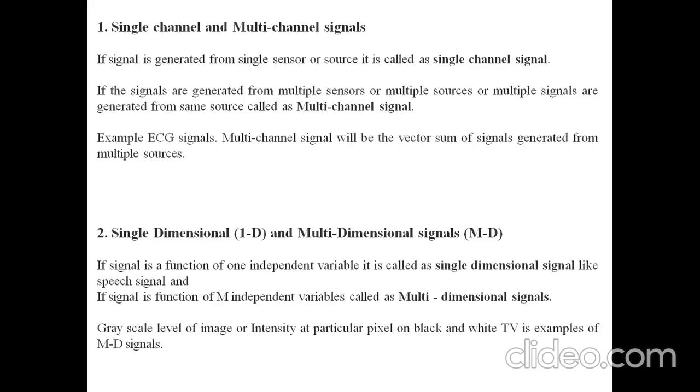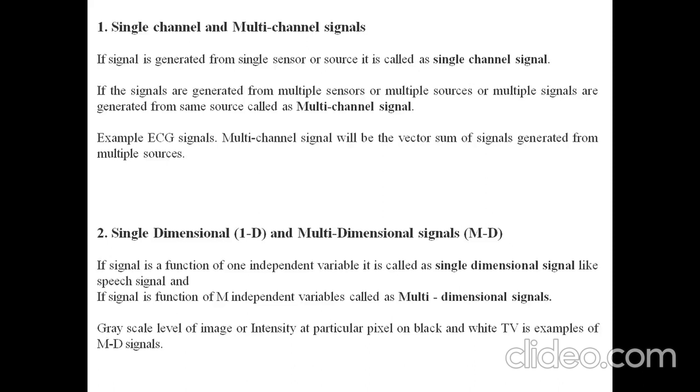Now, the second point, single dimensional and multi-dimensional signal. As we already talked about single dimensional, two-dimensional and multi-dimensional signals. As we have discussed, if a signal is a function of one independent variable, then we say it is a one-dimensional signal, like a speech signal.